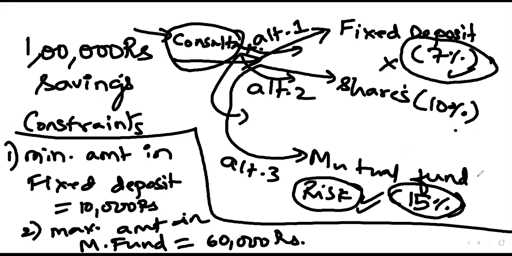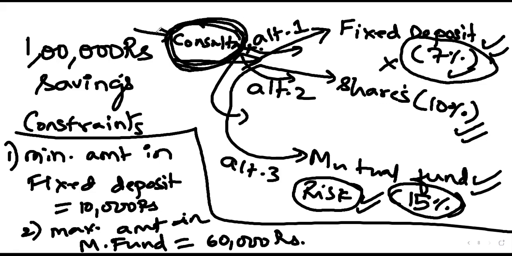How much amount should be invested in mutual fund, and how much should be invested in fixed deposit? This has to be proper. That is the main role: what is the ideal amount. These are the different constraints. Now with these constraints, how to determine the right balance? That is basically the decision point.